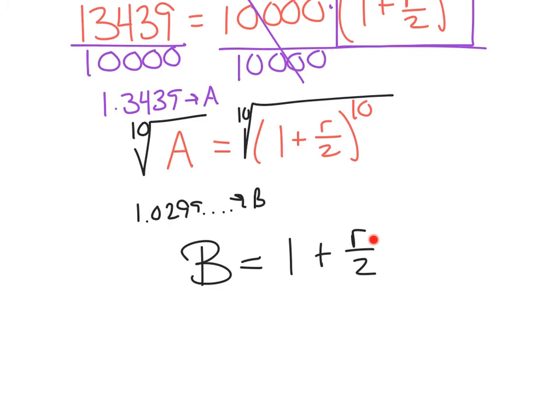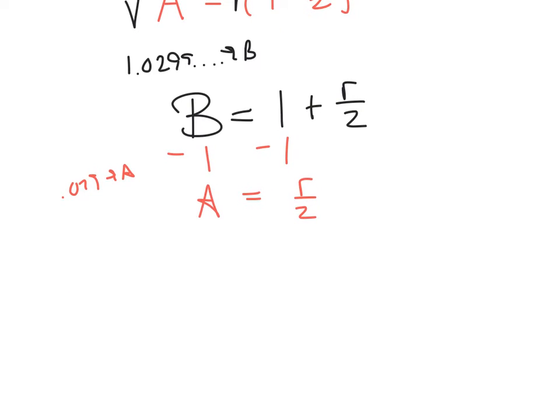So my goal is to get R by itself. So now I'm going to subtract 1. So I'm going to do my alpha B minus 1. And I get a 0.029 number. I'm going to store that back into alpha A equals R over 2. If I want to get that 2 by itself, I'm basically just going to multiply.